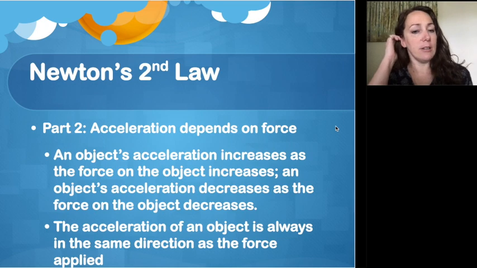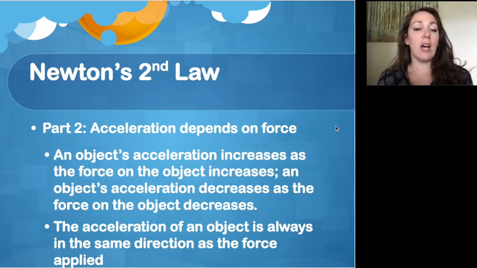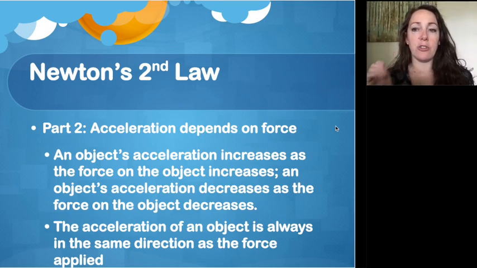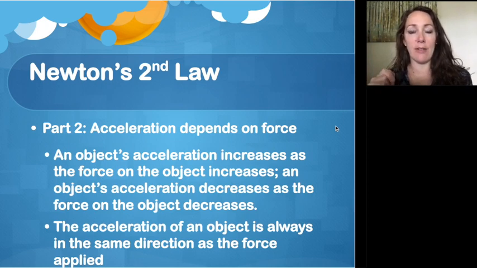The second part says acceleration depends on force. So an object's acceleration increases as the force on the object increases. An object's acceleration decreases as the force on that object decreases. So if you think about pitchers in baseball or softball, in order to get a quick moving ball, they have to put more force behind that ball to make it go faster.